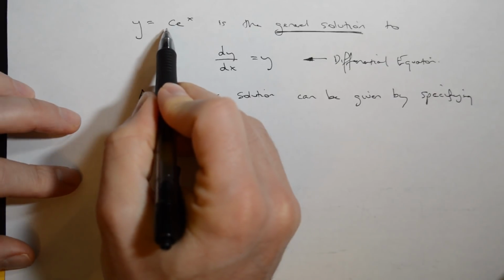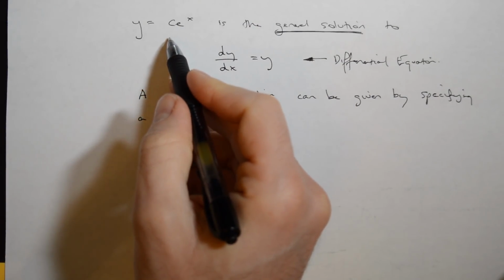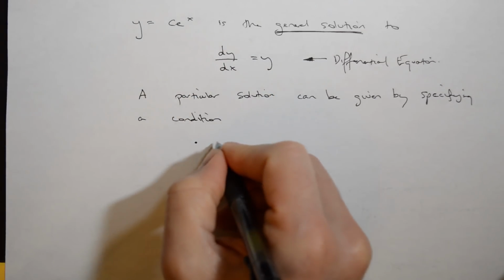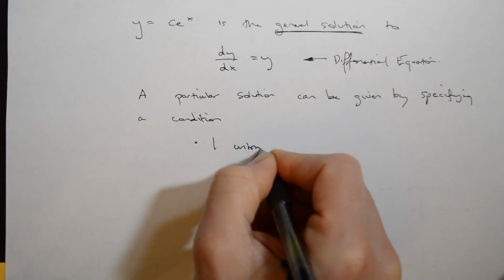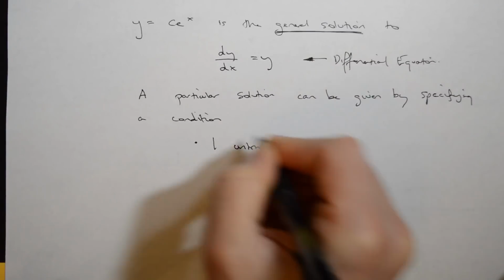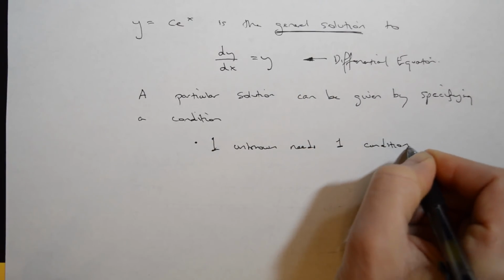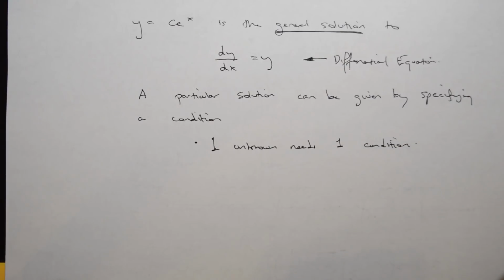We have one unknown, we need to have one condition in order to specify that unknown. So the idea is sort of like one unknown needs one condition. Two unknowns would need two conditions.